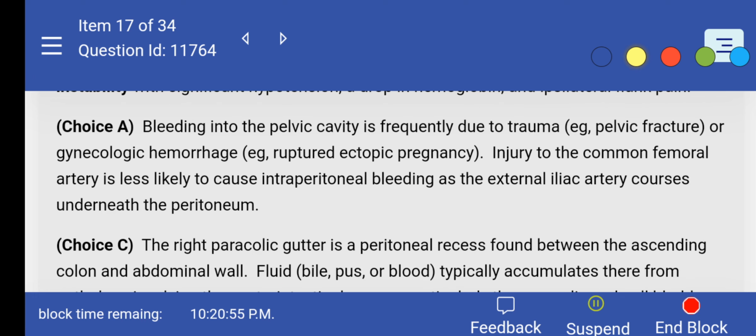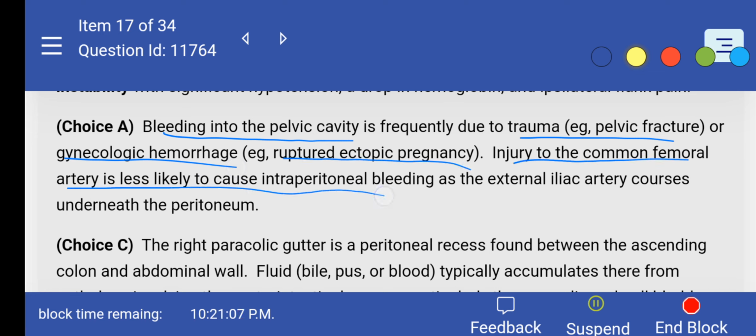Why not option A? Bleeding into the pelvic cavity is frequently due to trauma like pelvic fracture or gynecologic hemorrhage, ruptured ectopic pregnancy. Injury to the common femoral artery is less likely to cause intraperitoneal bleeding, as the external iliac artery courses underneath the peritoneum, right?